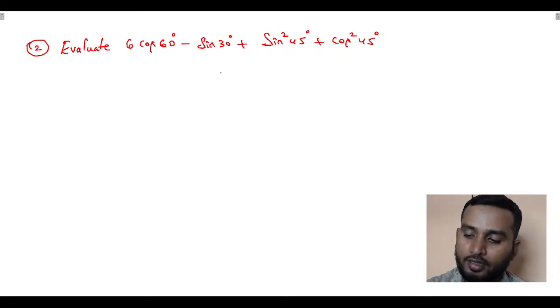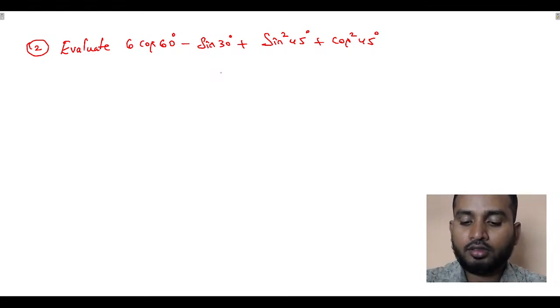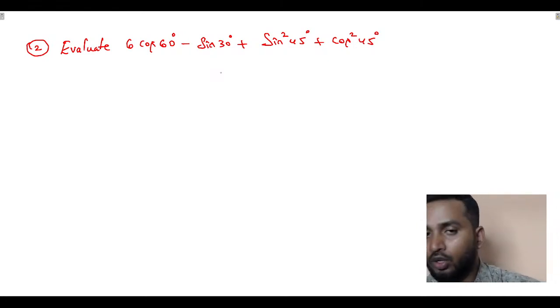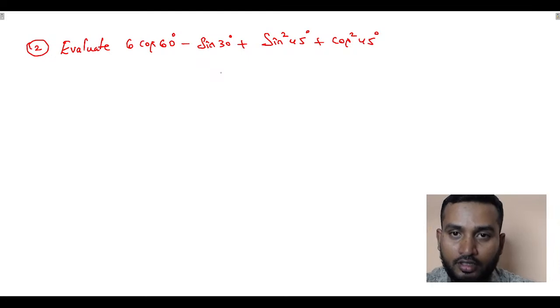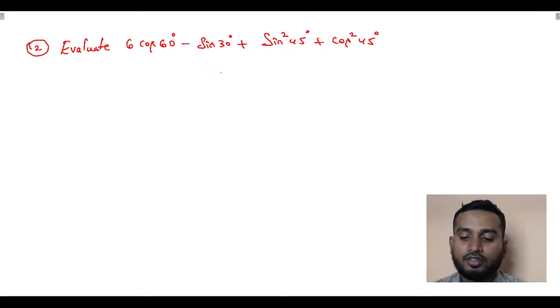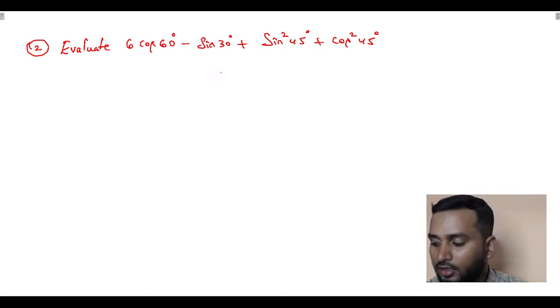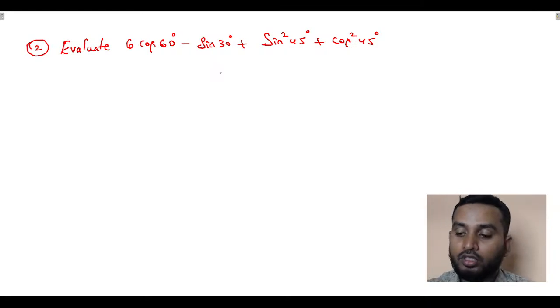cos square 45 degrees. Children, I hope you know the table, that is the trigonometric standard angles table, that is sin 0, sin 30, sin 45, sin 60, sin 90, cos, tan, cosecant, secant and cot, isn't it? If you know the table, you can just draw the table and substitute the values.